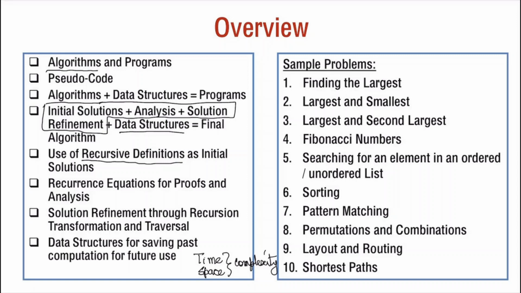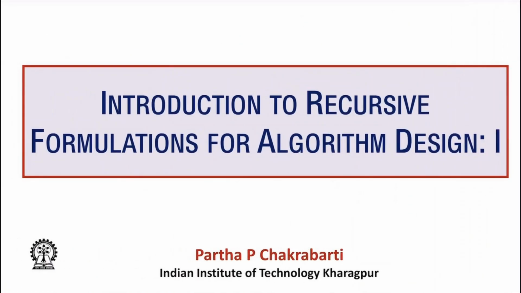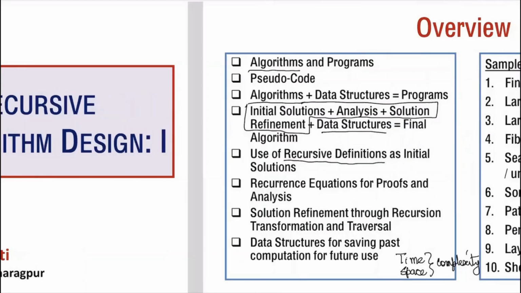And in practical problems, we shall see several which lead to algorithms for shortest paths, algorithms for layout, algorithms for finding various kinds of structures, connectivity, etc. In order to understand an overall methodology, we shall therefore use this whole concept of recursive definitions. That is why this section is called Recursive Formulations for Algorithm Design.